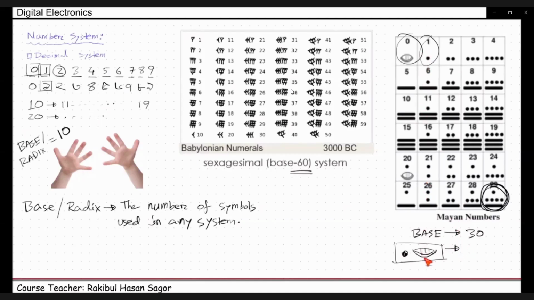If I convert it to our decimal system, the equivalent value after 29 is 30. So this is the 30 equivalent value in decimal. This is the brief history of the number systems used by human beings, and currently the whole world is using the decimal system, which has base or radix equal to 10.